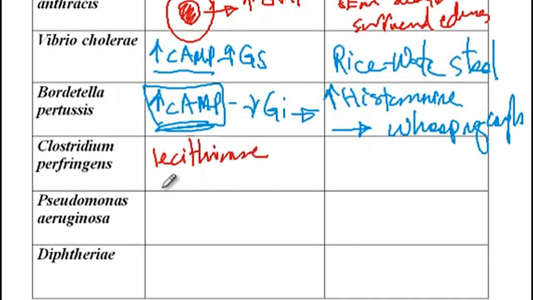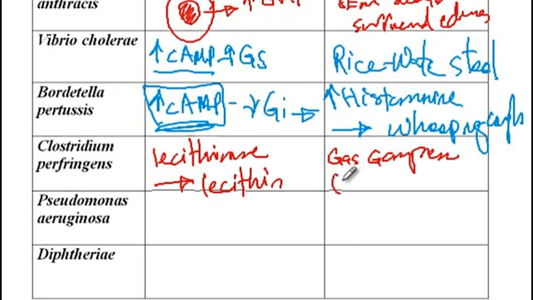The next condition, Clostridium perfringens, produces the lecithinase, also known as phospholipase C, which will break down the phospholipid lecithin. And thus these patients present with the gas gangrene, or myonecrosis, and hemolysis.